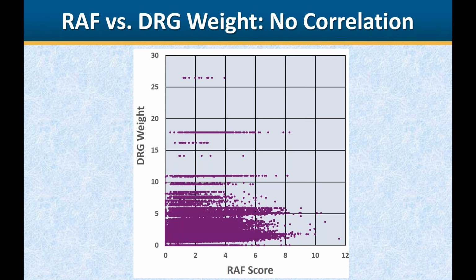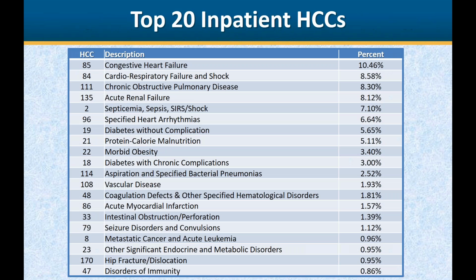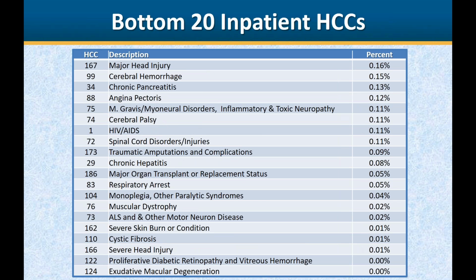The DRG weight is measuring inpatient acute conditions, whereas the RAF score is measuring the chronic conditions. So again, so you have it in your handout, I just took the top 20 inpatient HCCs that we see. Many of them are cardiac, no surprise, and congestive heart failure is the most common inpatient HCC. To me, that's no surprise. The bottom 20 HCCs, interesting, but it's a select population.